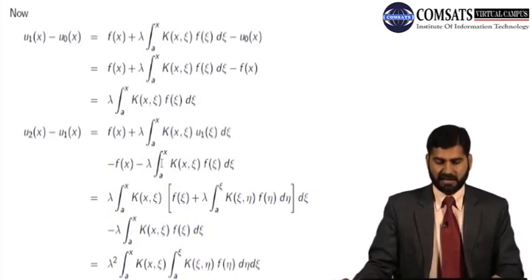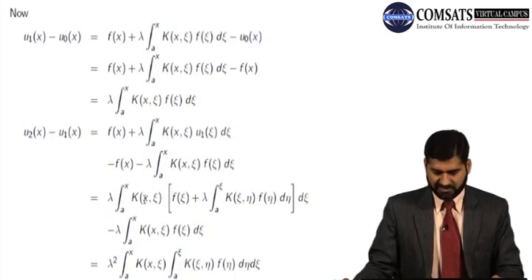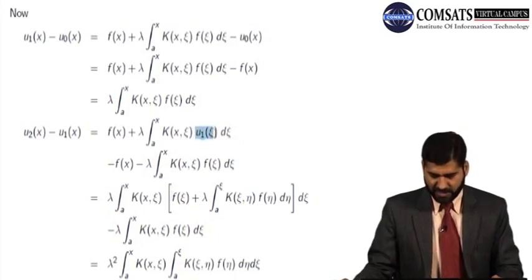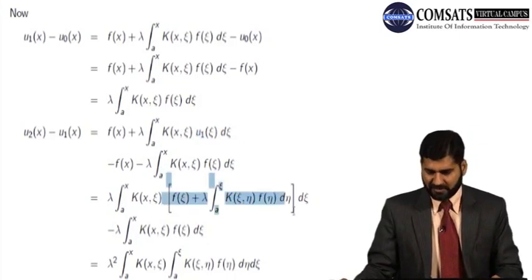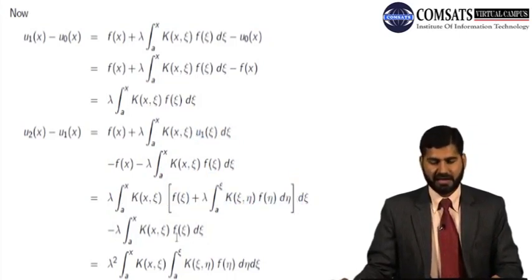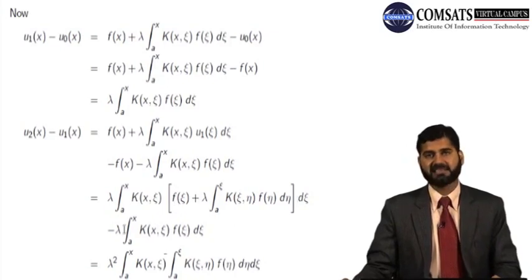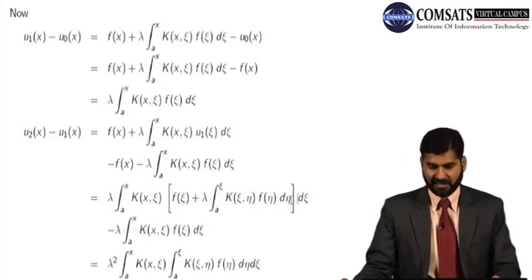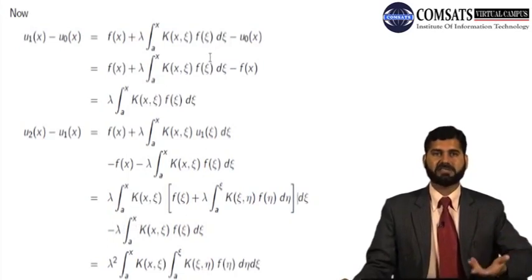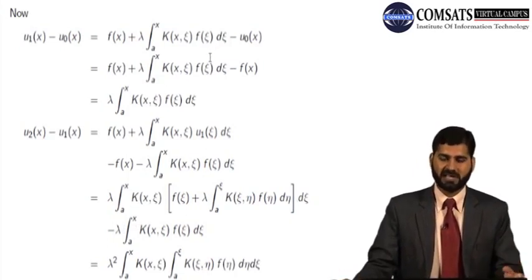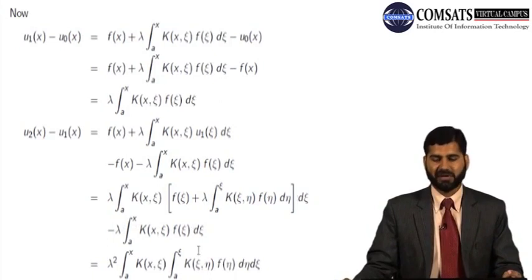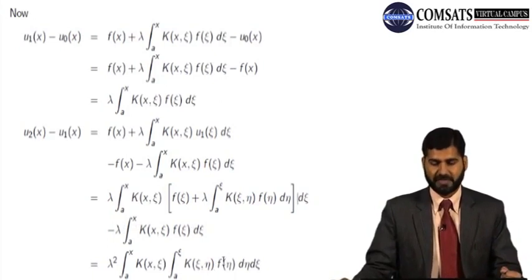In this term, all you are seeing is k x xi u1 xi, so we replace this u1 xi by this term. Because k xi is common in both, if you subtract, f xi will cancel each other again, and you are left with this integral. That's why Picard's process is famous: every time this f x cancels out, and you are left with a simpler form of your difference.